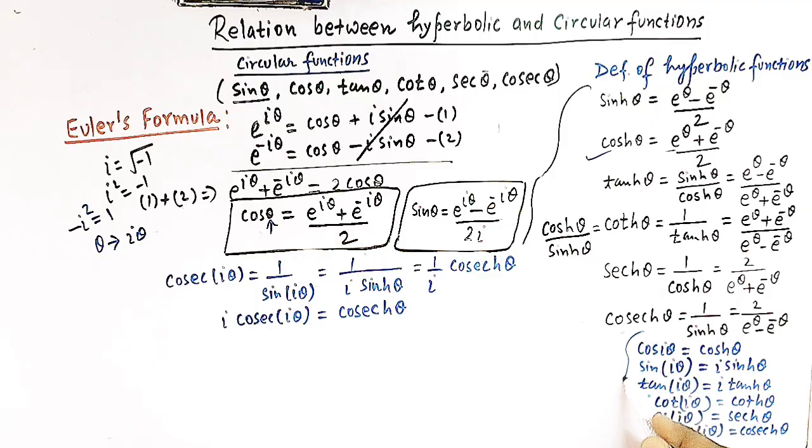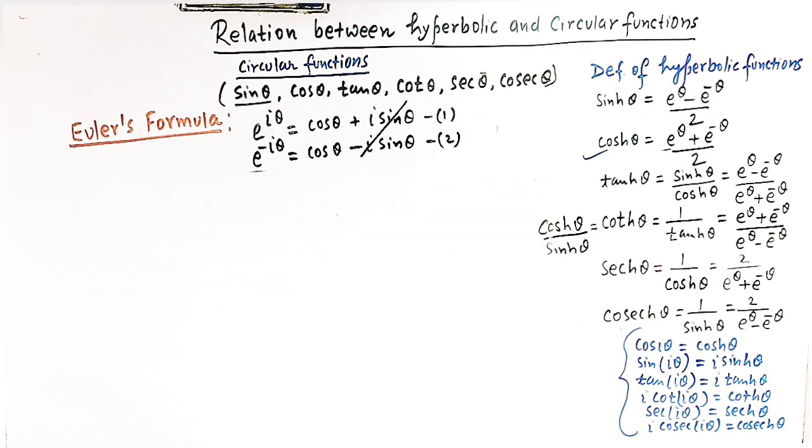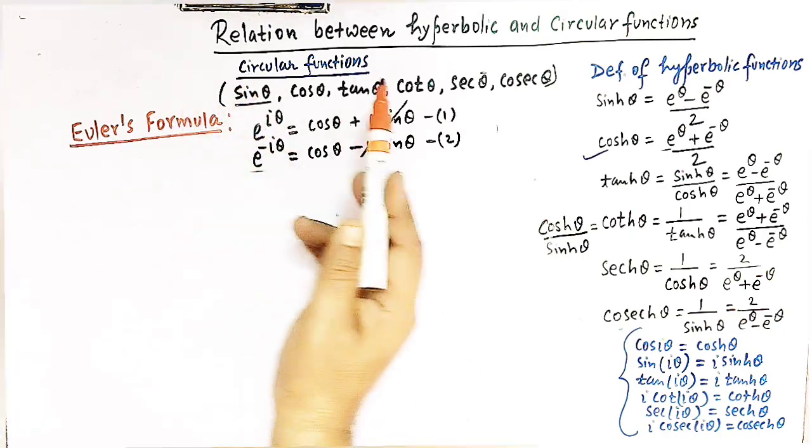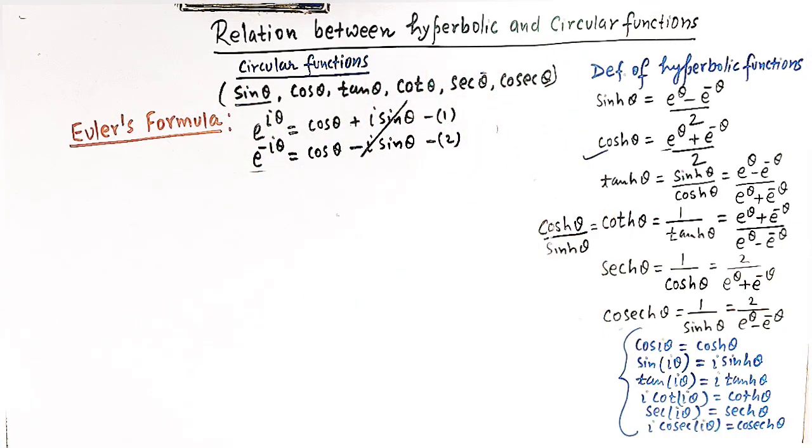So these are the six important relations between hyperbolic functions and circular functions. So viewers, this is how we can find out the relationship between hyperbolic functions and circular functions.